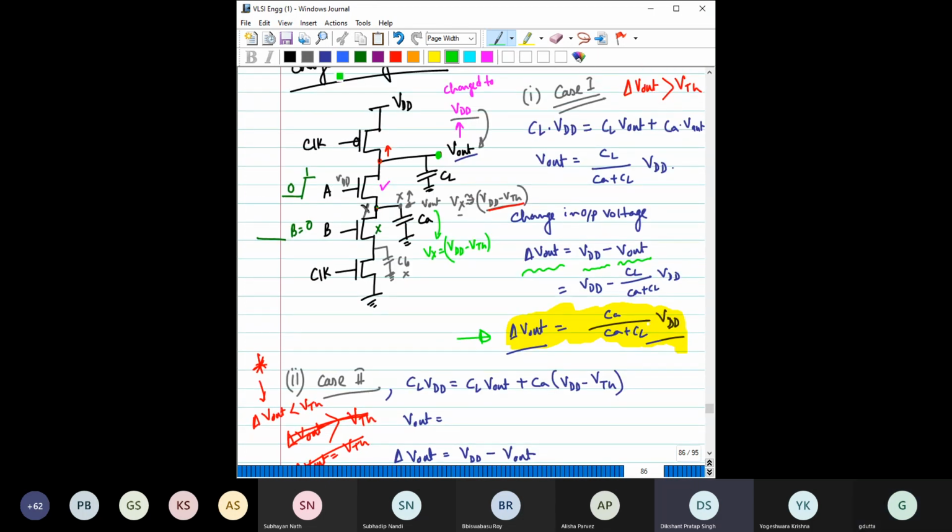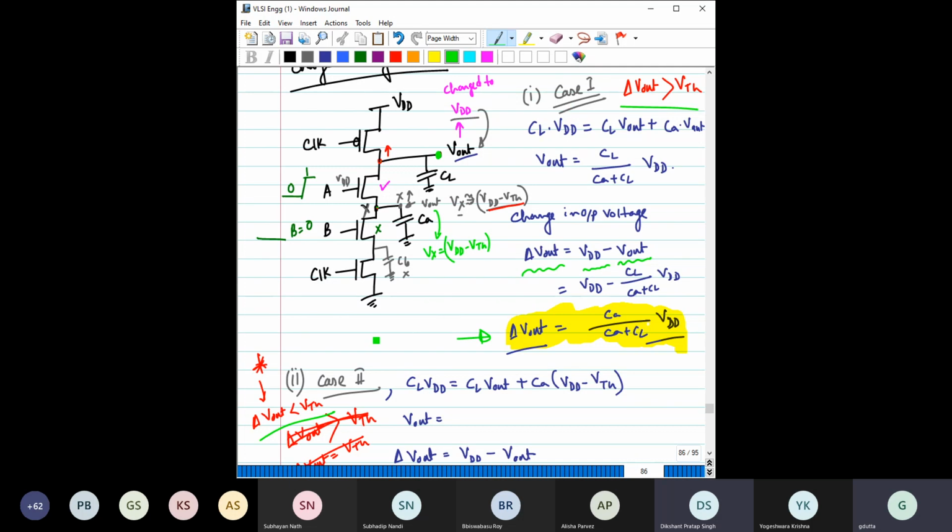So what I am trying to say, for case 1, this is the criteria: delta V out has to be greater than VTH. For case 2, the criteria is delta V out has to be less than VTH, right? So there will be some situation where delta V out would be equal to VTH, and that would give us the boundary condition, whether case 1 or case 2 is going to happen.